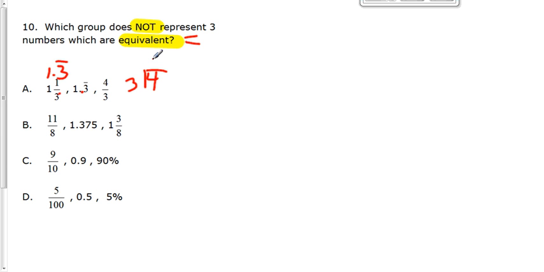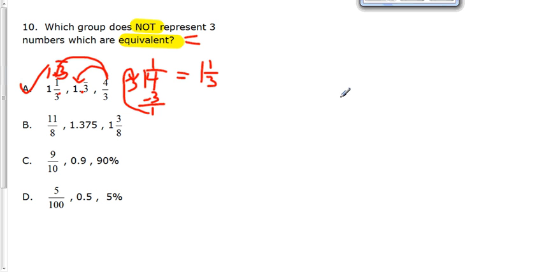Well, 3 goes into 4 one whole time. So you get 1 whole. And then 1 times 3 is 3, so you have a remainder of 1. You always take your remainder and put it over what you're dividing by. So that gave you 1 and 1/3. That's exactly the same as the first one, so it's also the same as the second one. So that one works. A is A-OK.